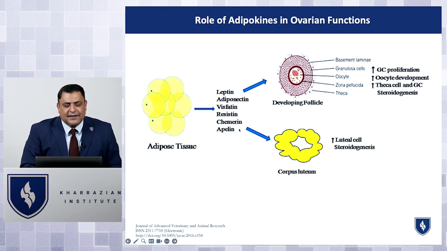These adipokines are necessary for developing follicles. The developing follicles are necessary to make estrogens, right? These adipokines from adipose tissue are necessary for the corpus luteum to put out progesterone. So developing the follicle to make estrogen, and developing progesterone, is based on some adipose tissue.